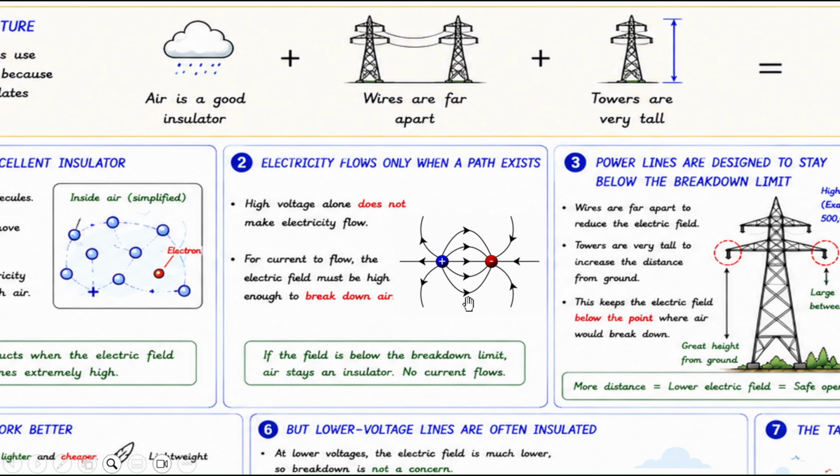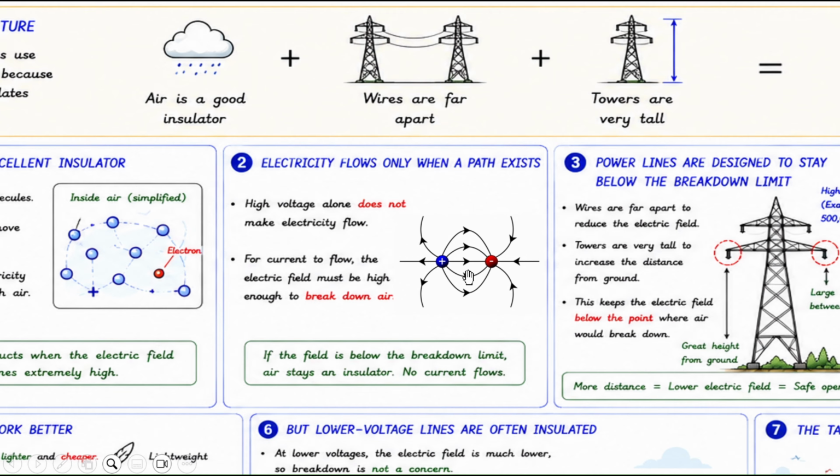So what does electric field actually mean? You can think of it as the force that will allow the protons to move towards the electrons, and that's how conductivity occurs in any electrical circuit. If the electric field is strong, then it will conduct.